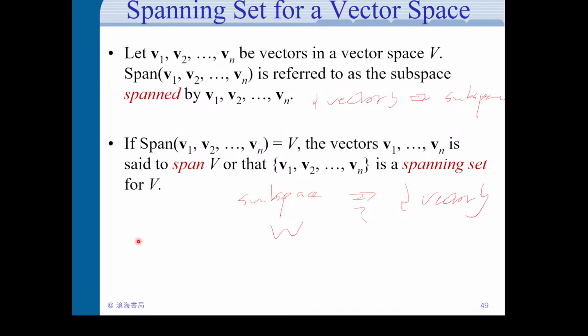Also, this set of vectors v1 to vn we can call a spanning set for W. So here we have three names for this relationship between a set of vectors and the space spanned by them. First, we say the set of vectors spans the vector space.